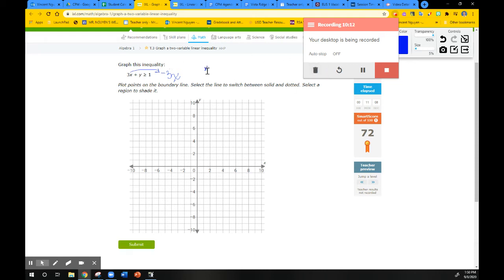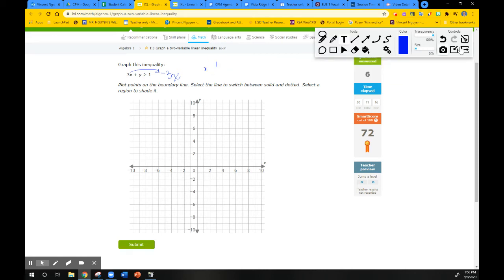So I'm going to use this symbol for greater than or equal to. Let me just start over. So I'm going to have y is greater than or equal to negative 3x because I'm moving that 3x over here, and then plus 1 because the 1 is already there, right?